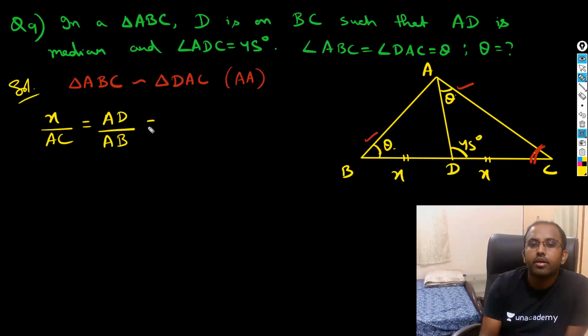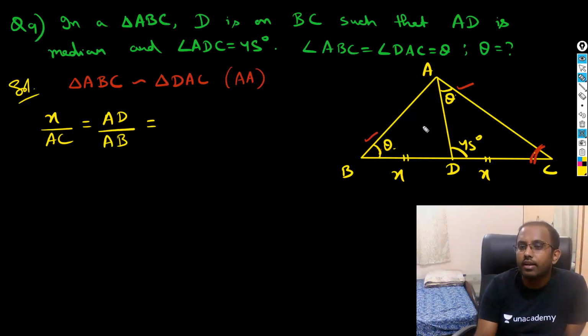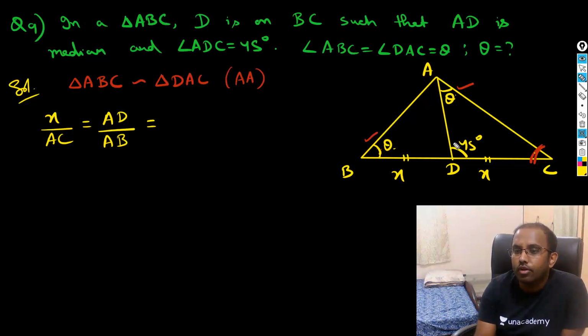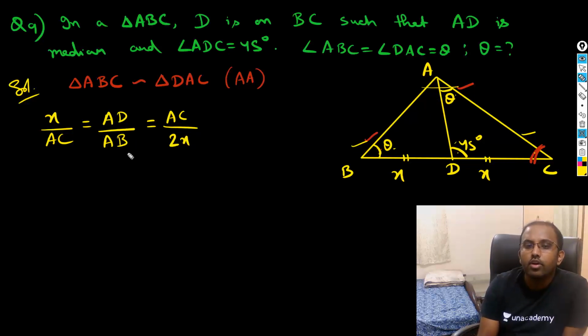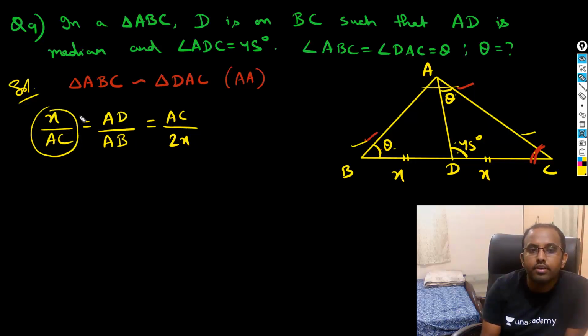Now the third angle is 45 degrees. In triangle ADC, this third angle opposite is AC, and in triangle ABC, the third angle A opposite is 2x.